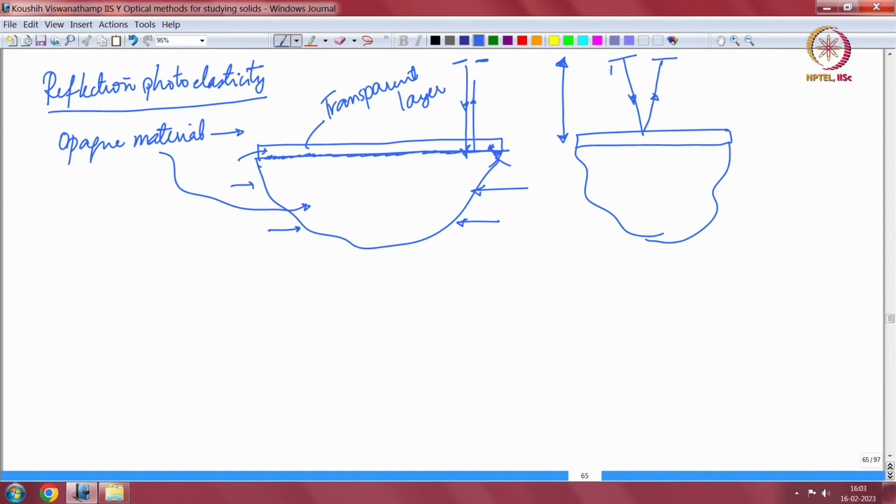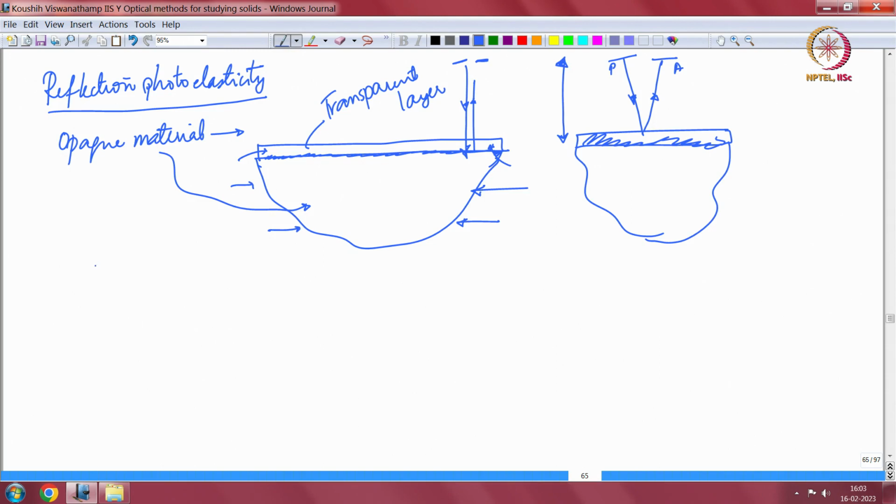You have an analyzer polarizer pair again as usual, and you finally see what the reflected field intensity looks like. You will again get fringes in this material, and the interpretation of the fringes is similar to the transmission case.